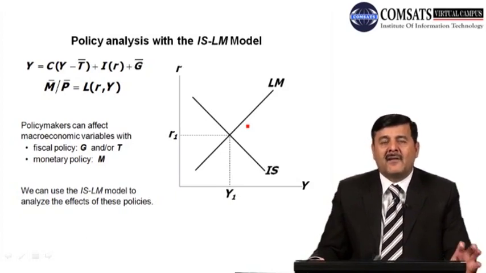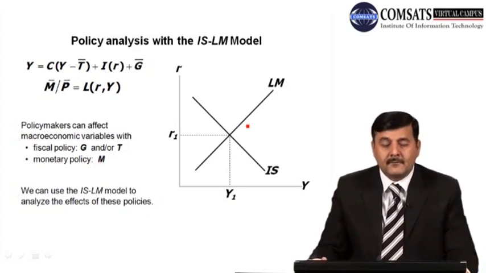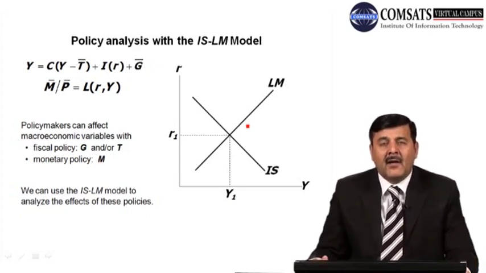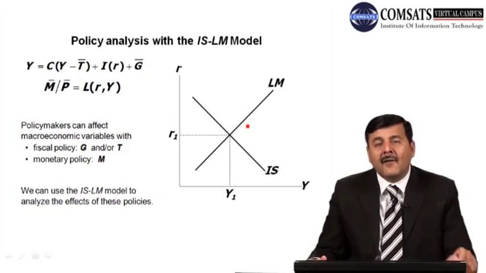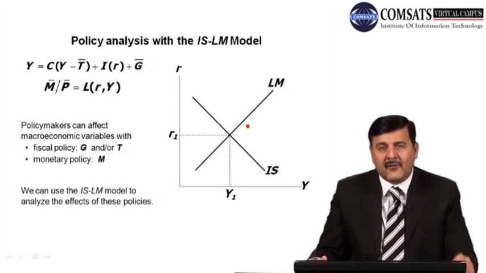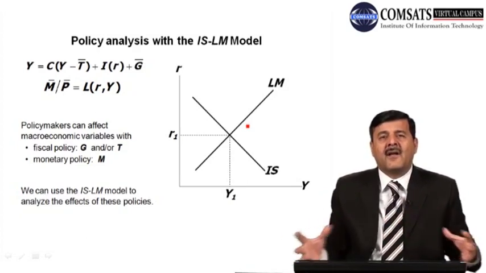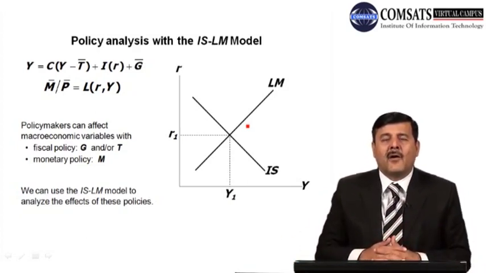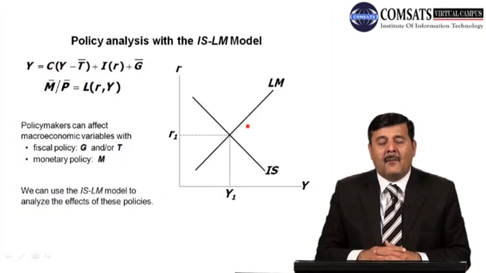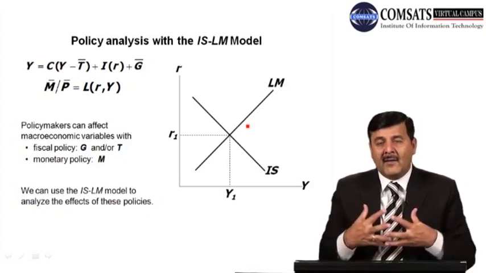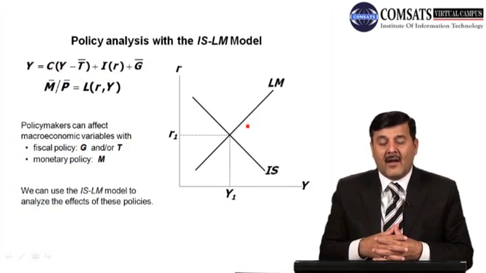So there are two sets of instruments which the policymaker can use to affect macroeconomic variables, either fiscal policy tools or monetary policy tools. The government can use these policies to affect the macroeconomic variables in the economy.